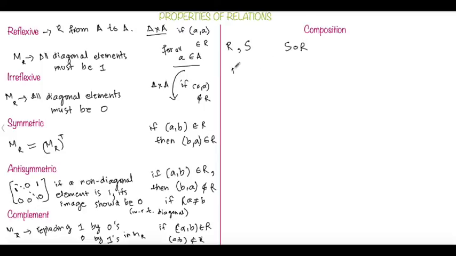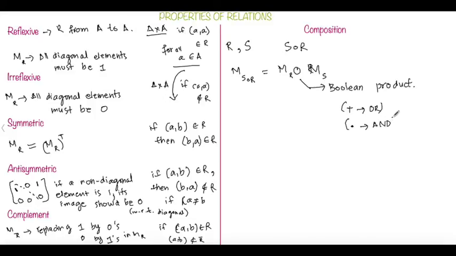We say MSR is equal to MR and then MS, and this is usually given as the Boolean product. So Boolean product is just a typical matrix product in which plus becomes OR and times becomes AND.